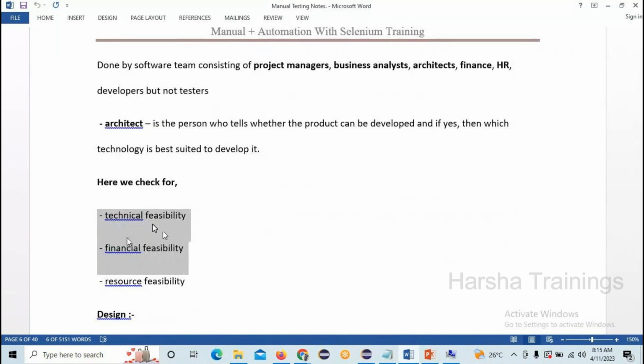If not, we need to recruit, right? That recruitment feasibility is called resource feasibility. It is taken by HR, human resources. The next one is financial feasibility, which checks whether the budget we are taking from the customer is enough to do the project with a margin or not. We check the financial feasibility as well. Getting my point?